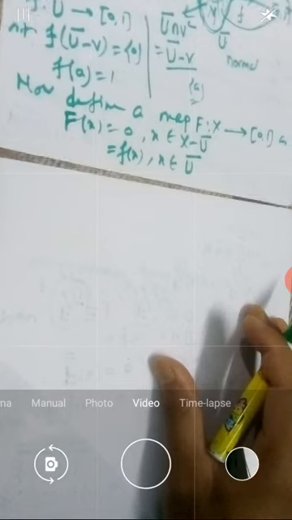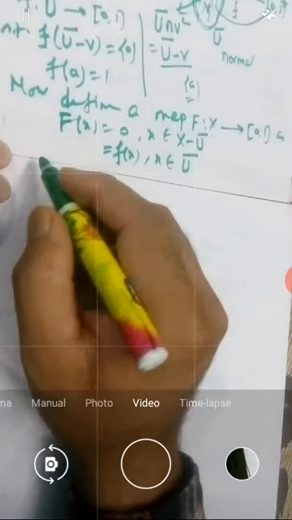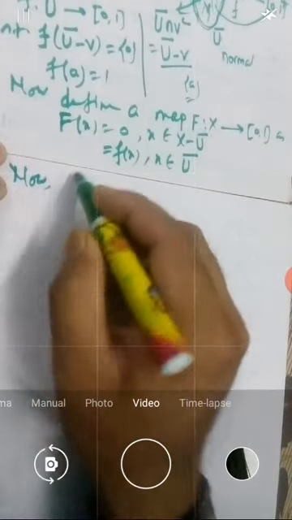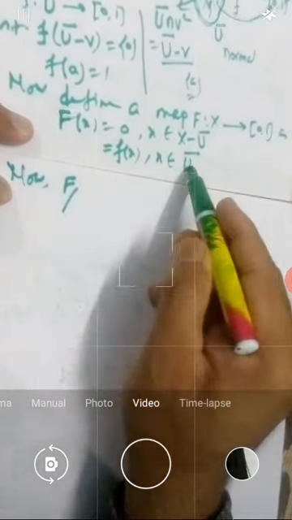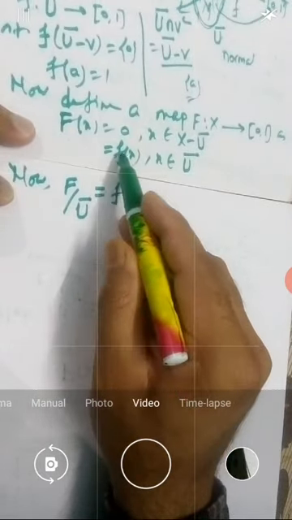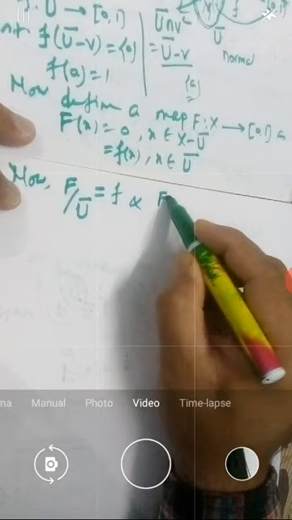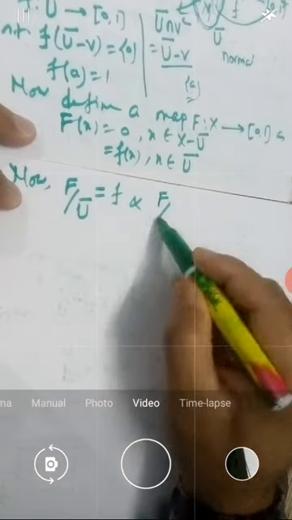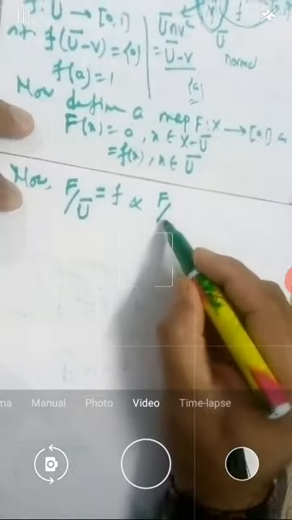Now if we restrict this F within this U bar, it will be like this small f, which is defined in this way. And if we restrict this F in the V complement, look at this.